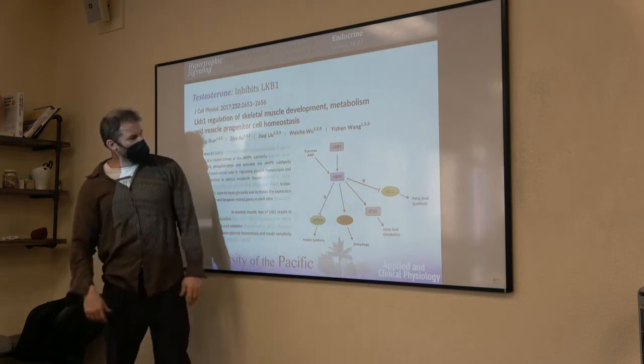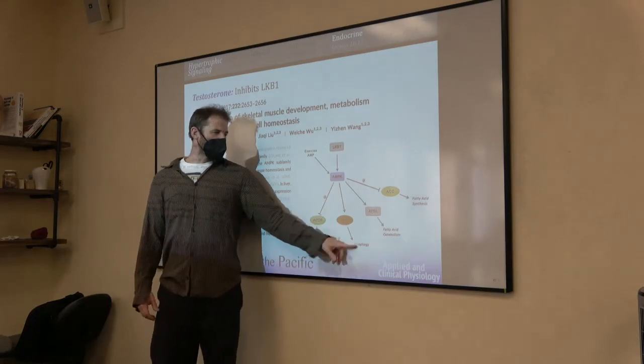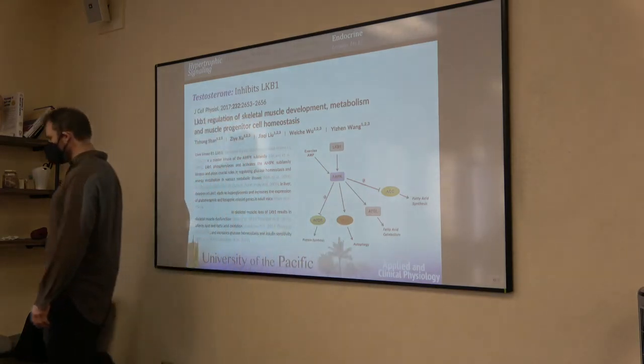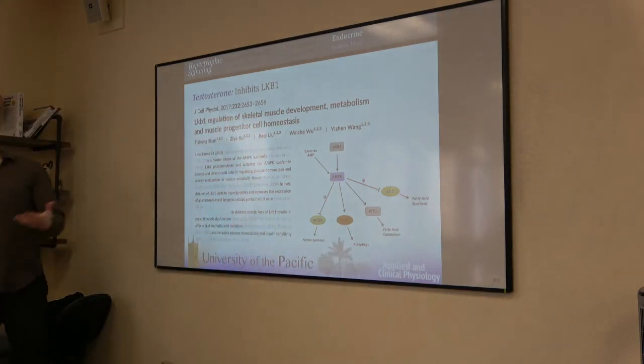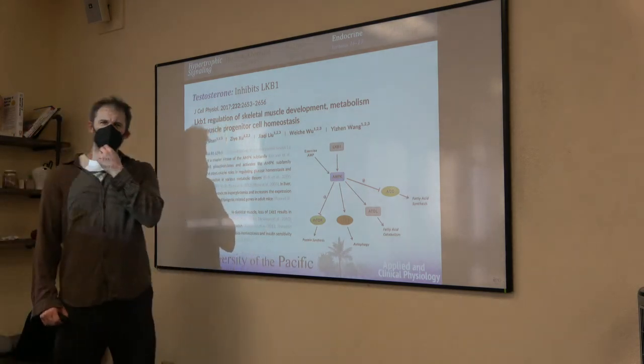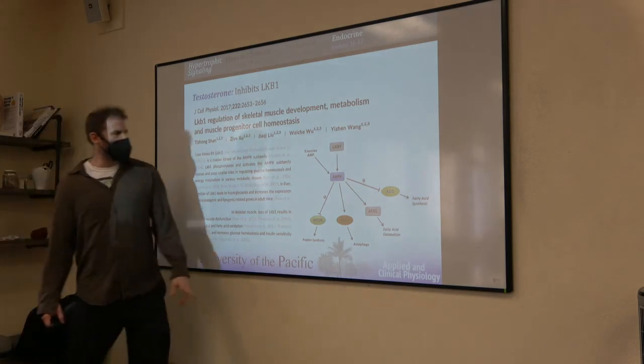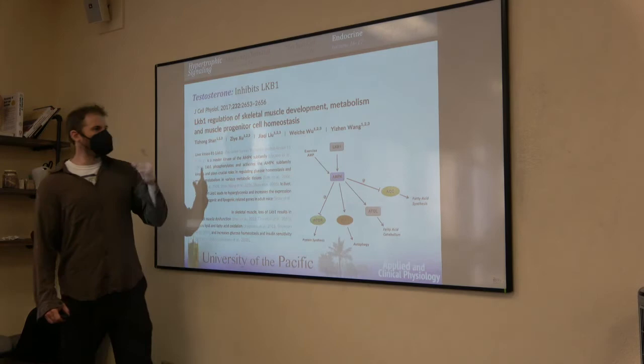Once AMPK is on, we're shutting off mTOR. And we're turning on autophagy. FOXO, ULK1, let's turn on protein degradation. Let's induce atrophy while impairing hypertrophy. That's what AMPK is doing.